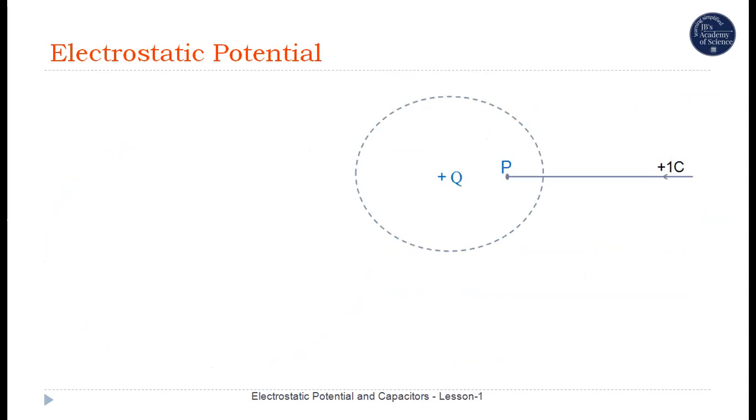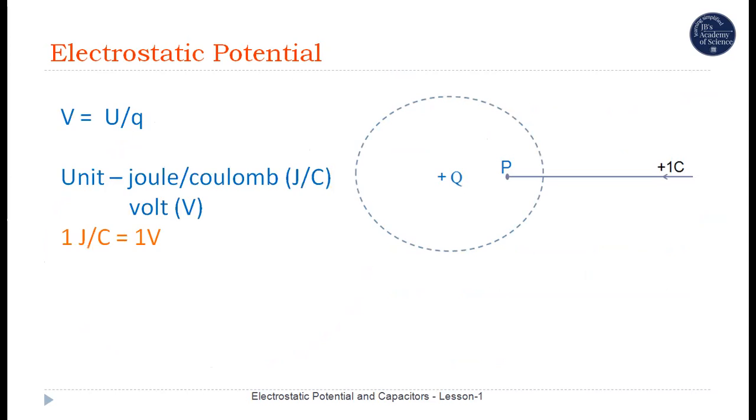Now, electrostatic potential. We studied the concept of electrostatic potential energy. Now what is electric potential or electrostatic potential? We know that the charge q placed at the point P will possess some amount of energy. We called it electrostatic potential energy.